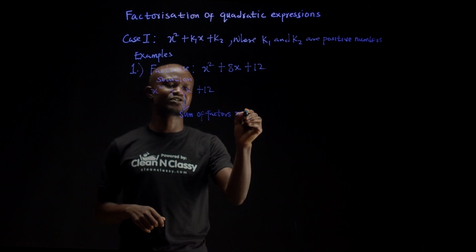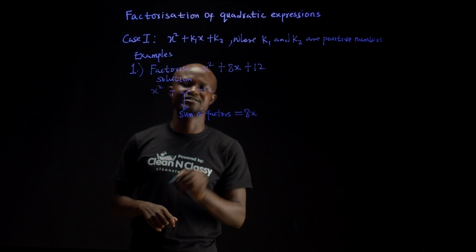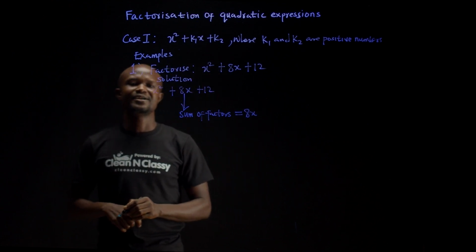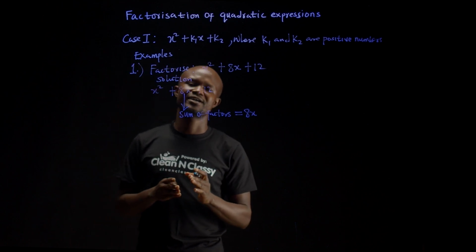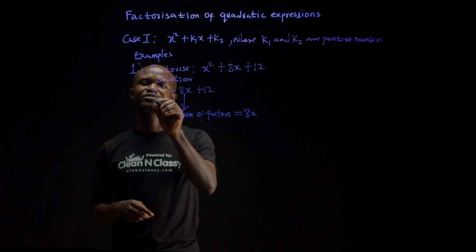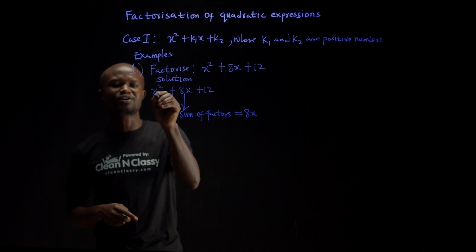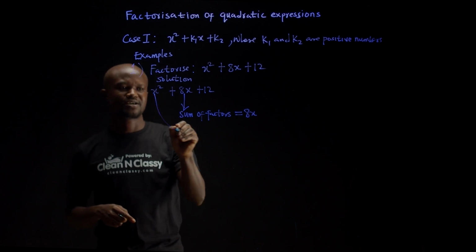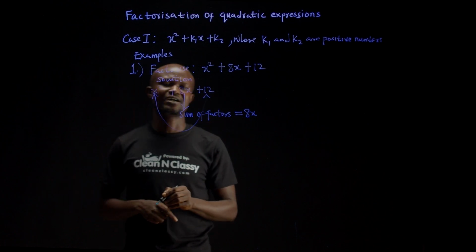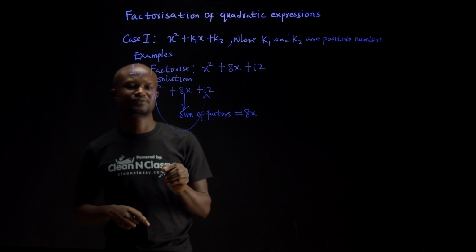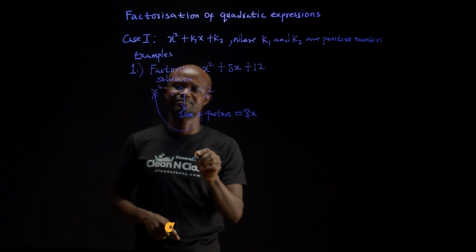And the sum of factors here is 8x. Now, another thing we need to consider is what we call the product of factors. And the product of factors is the product of the first and the last term.